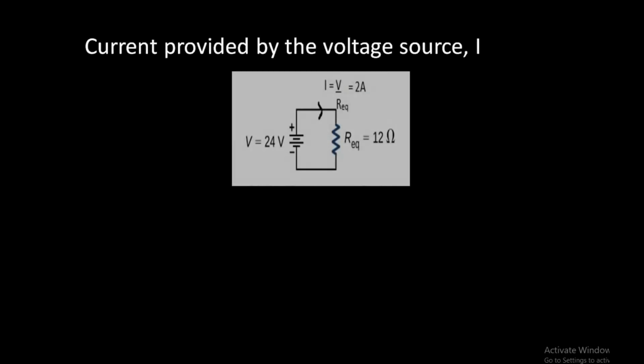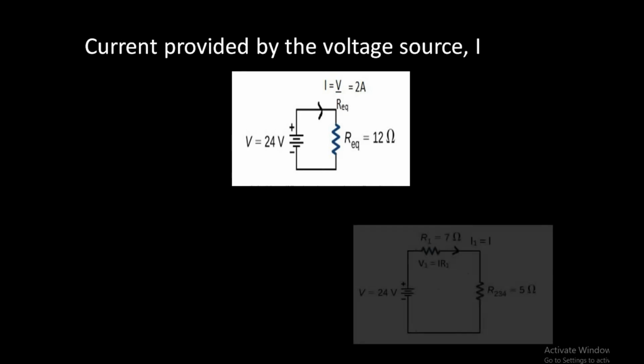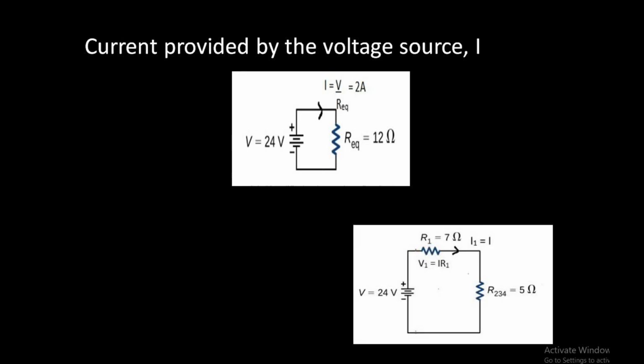Current provided by the voltage source, that is I, equals to V upon R equivalent, that is 2 ampere. Okay, now R equivalent is a series combination of R1 and R234, where R1 equals to 7 ohm and R234 is 5 ohm.